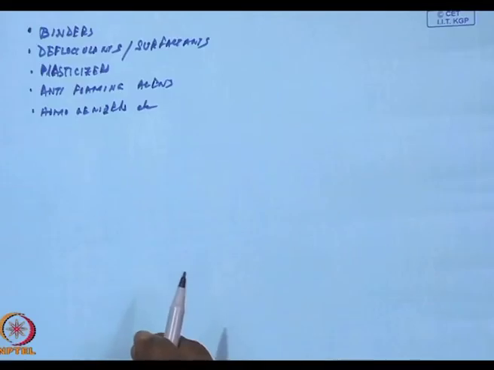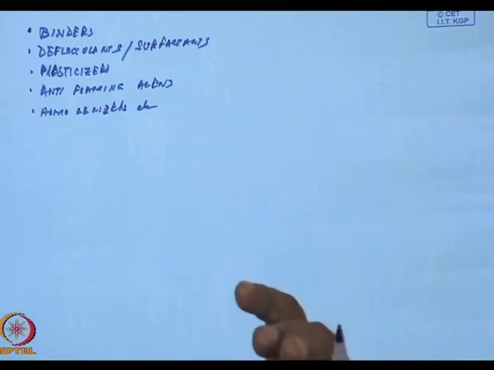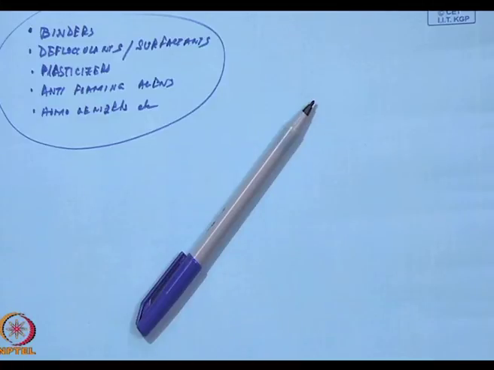The industry is moving too fast, very fast. The material which is available today may not be available in 6 months' time. So, I have given you a broad range of examples of these different materials, but they may not be available all the time at every place. You will have to have a good understanding of what binders, flocculants, deflocculants, surfactants, plasticizers and anti-foaming agents do.